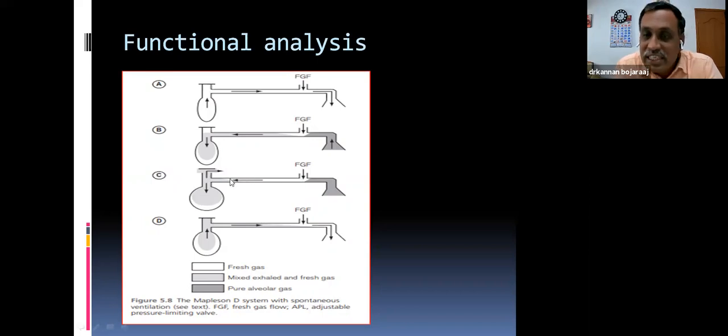The pressure in the system is high enough to open the APL valve and the gas is vented out. The amount of fresh gas occupying and stored in the patient's void bore hose at the end of expiration, that is for the next inspiration, depends on what? Now you can understand this function analysis.